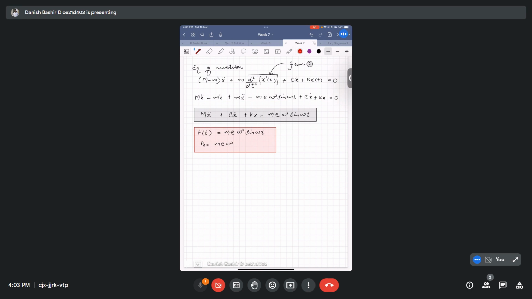Next thing is impulse response function. This is just a small thing. It will not take that much time.